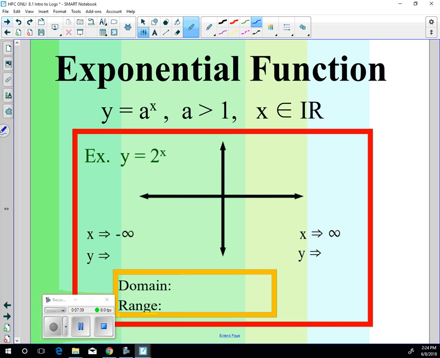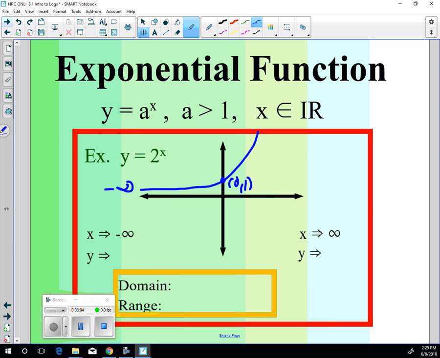For graphs, exponential graphs, I want you to be able to find domain and range. So for this one, 2 to the x looks like this. It goes through 2 to the 0. 2 to the 0 is 1. So you have (0, 1) as a point. And if you go 2 to the negative 100, it's going to get really close to 0, but it'll never get there.